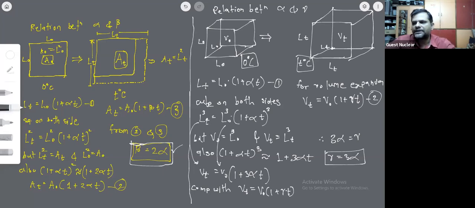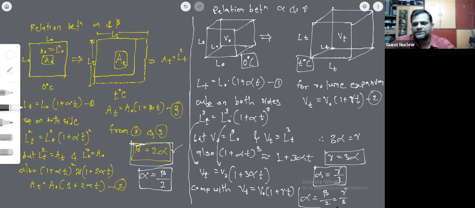Now in these two equations we can see easily that this alpha is common in both equations, so using this common value of alpha we can derive the relationship between all three. See how, because since alpha is common, we can just say that this alpha can be written as, here alpha we can write as beta upon 2, correct, and here the value of alpha we can take out as gamma upon 3 actually, correct. So alpha is equal to gamma upon 3 from this, and here alpha is actually going to be beta upon 2. So if we just equate these two values of alpha, then we can just get that alpha is equal to beta upon 2, which is equal to gamma upon 3.